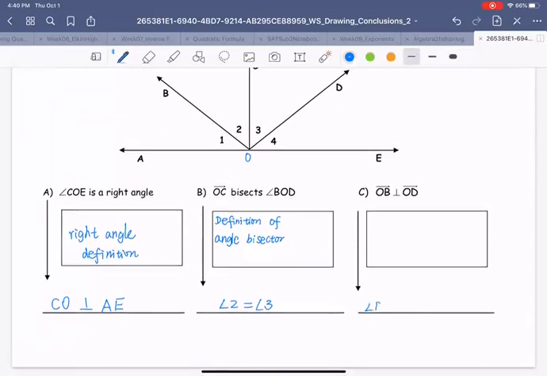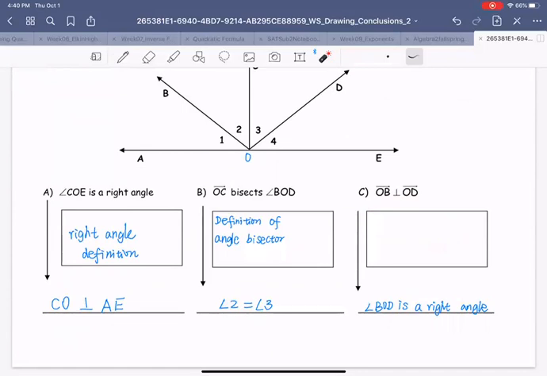So angle BOD is a right angle. What's the supporting proof? What's the reason you write down over here? Perpendicular lines form right angle.